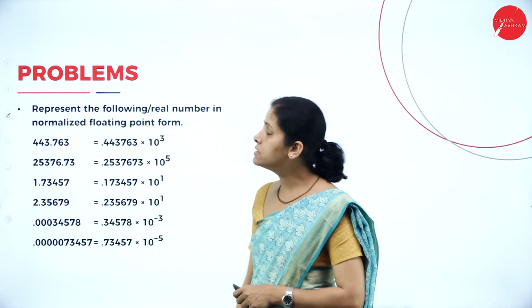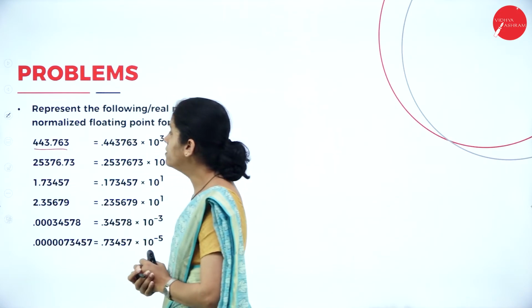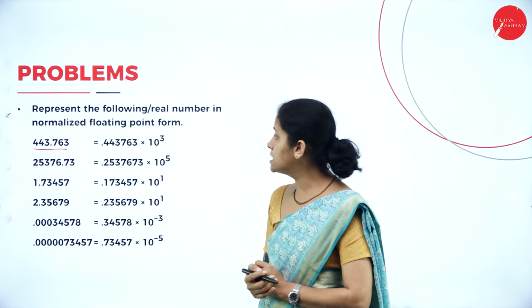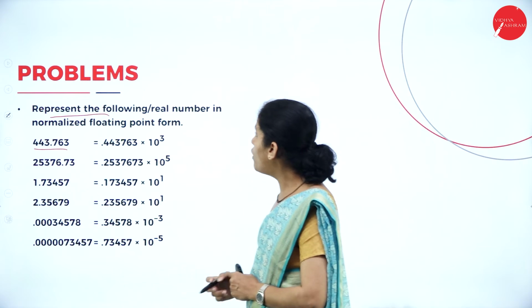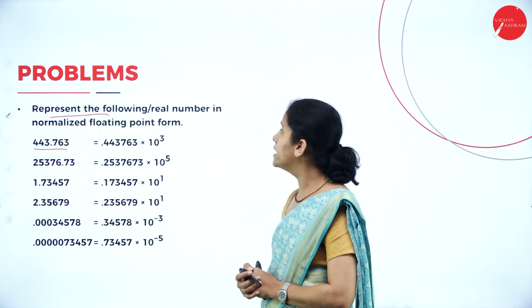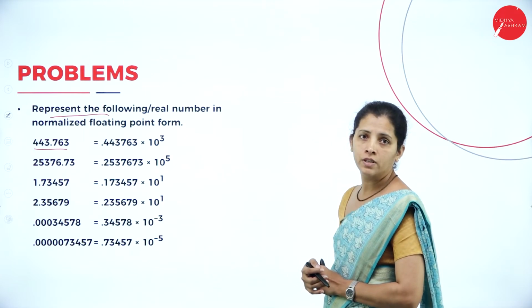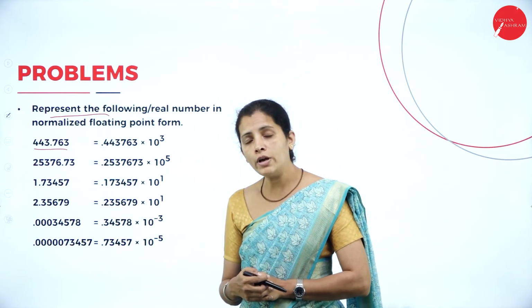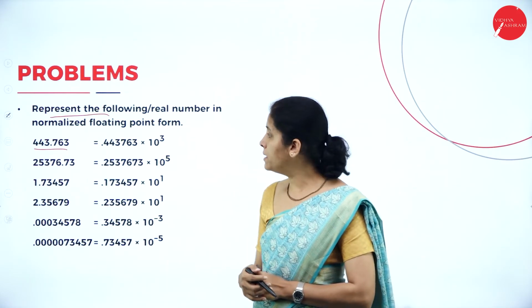So here I have certain problems. Here I have 443.763. Now represent the following real number in normalized floating point form. So what I want to do? I want to represent the following real number in the form of normalized floating point number.